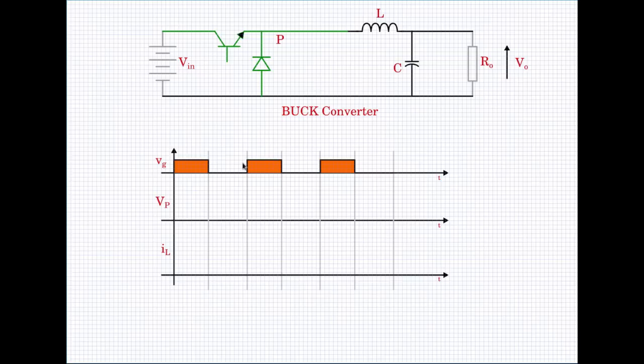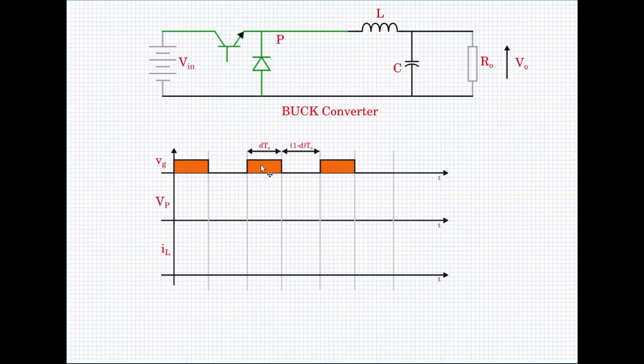The time when the pulse is low, the switch is off, and during that time the diode is freewheeling. So this time would be the dTs time, and this time would be the (1 minus d)Ts time. This is the on time and this is the off time. So we shall mark them accordingly. So let me place the marks here. So this is the dTs time and this is the (1 minus d)Ts time.